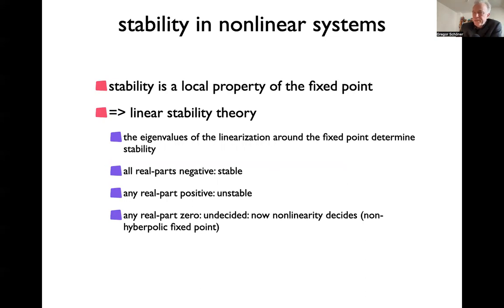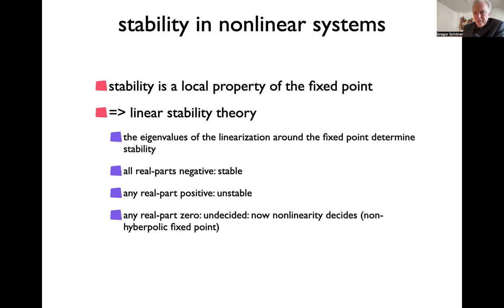Linear stability theory essentially says that for the most part, the stability of a fixed point of a nonlinear system can be decided based on the linearization of the dynamic system around the fixed point. So you have the nonlinear system, you linearize it, essentially using a Taylor expansion, for those of you who know that.